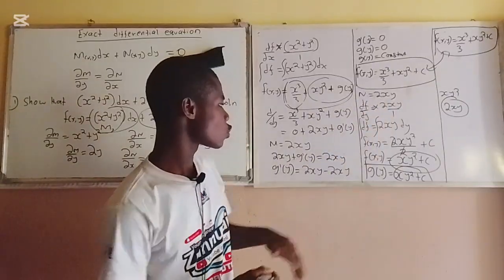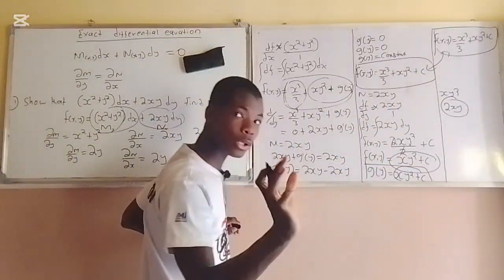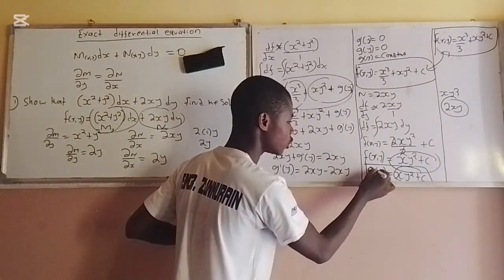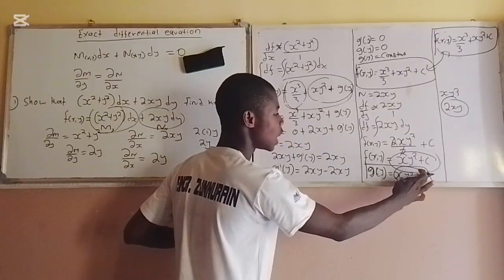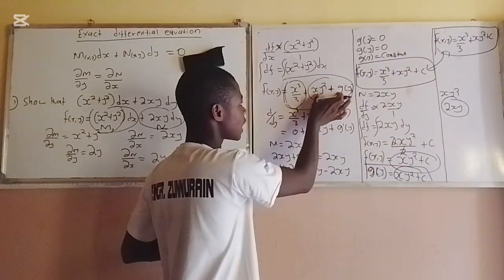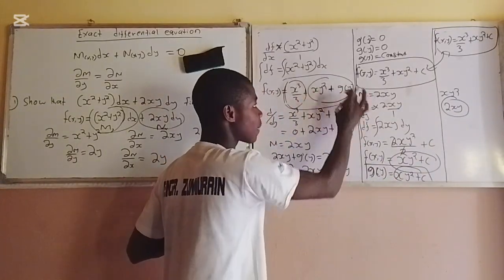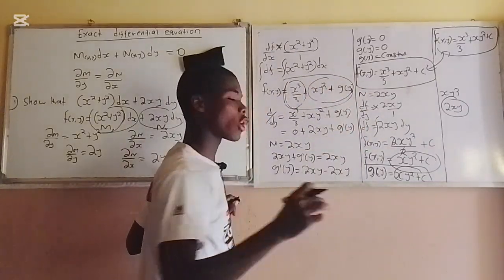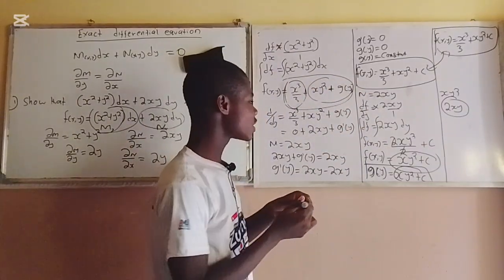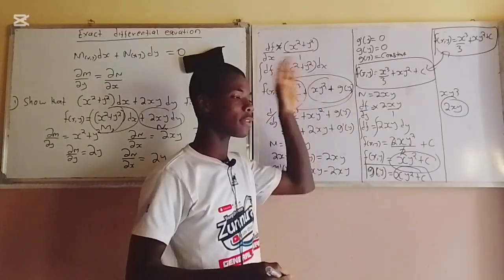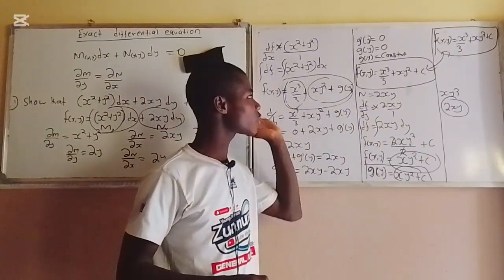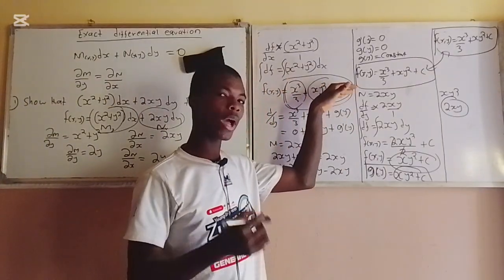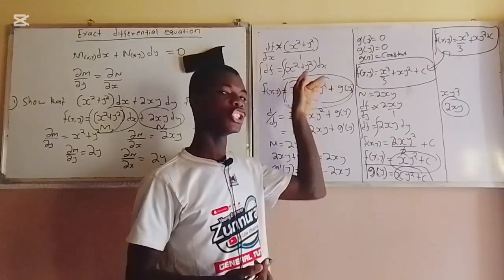If you integrate this, the final answer that you get, just set g of y should now be equal to this. As you can see, this will be the same thing as this. The reason for doing this is that this g of y, you are going to eliminate it and put your constant c, because this g of y is showing you that it is constant, but you are just going to treat this y as constant. That's the reason you are putting g of y.